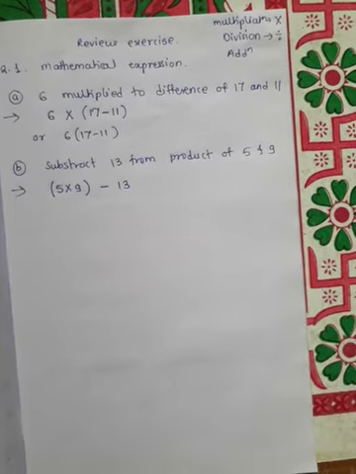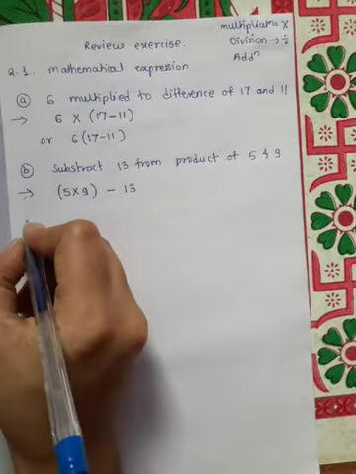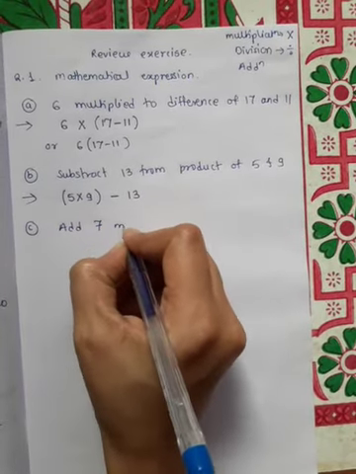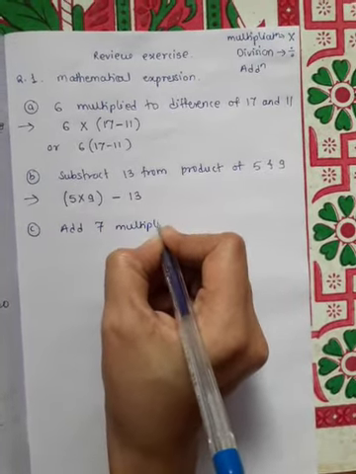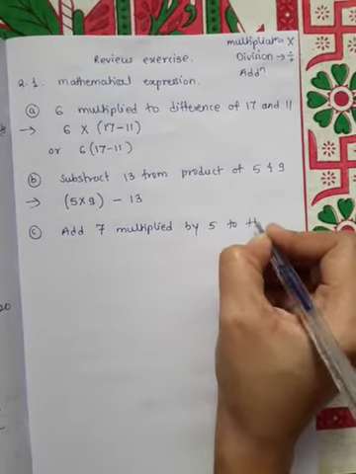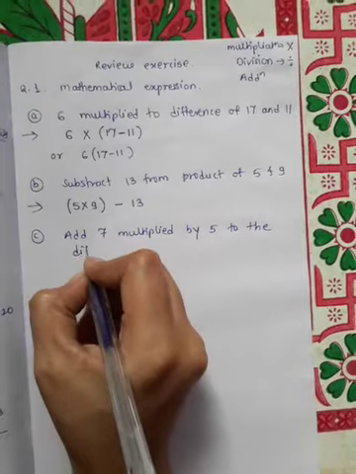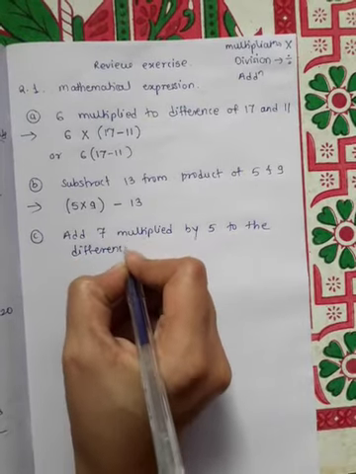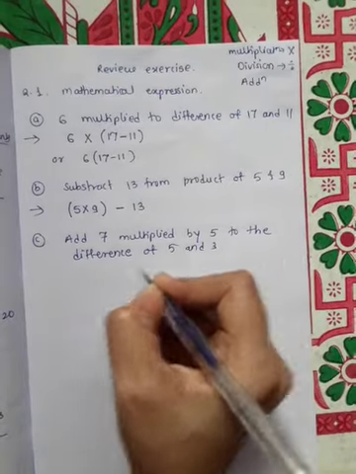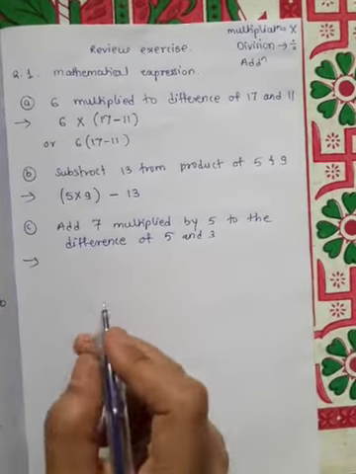Now see another, number C: add 7 multiplied by 5 to the difference of 5 and 3. We have to write this statement in mathematical form.